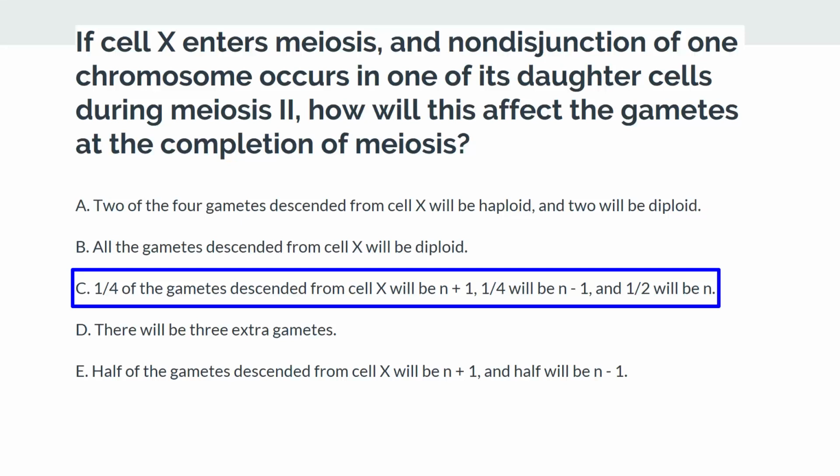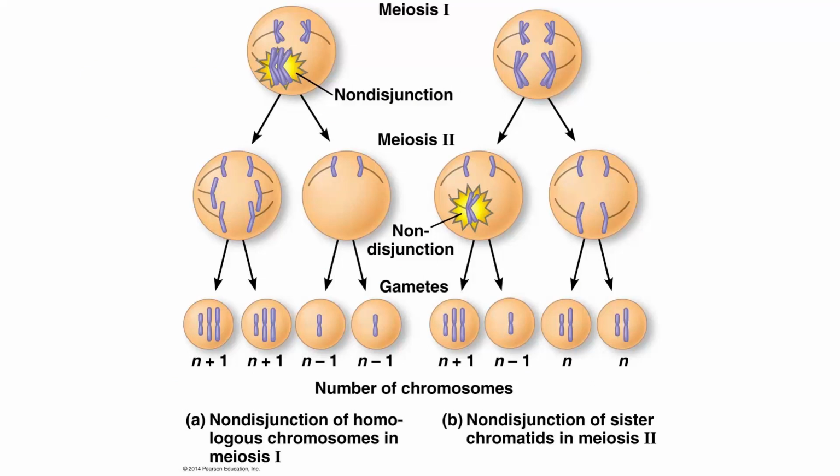Because in meiosis 2, it's not taking 4 chromatids, but it's just taking 2 because they've already had independent assortment. So then half of the cells will be just fine, and then the other half will be not. That picture right there is exactly what he just explained. The left half is if we were to do the nondisjunction in meiosis 1. But this question's asking what happens if we do it in meiosis 2.